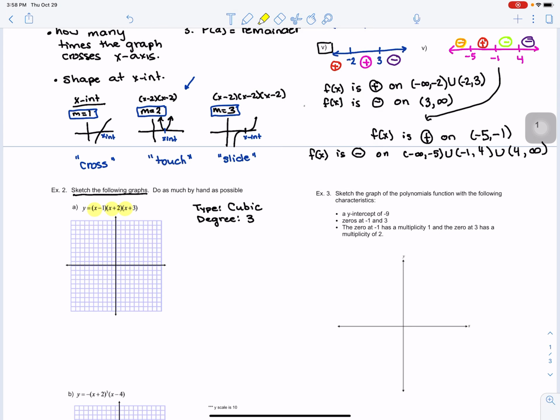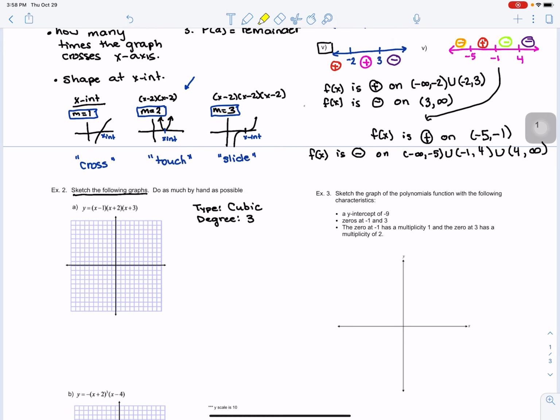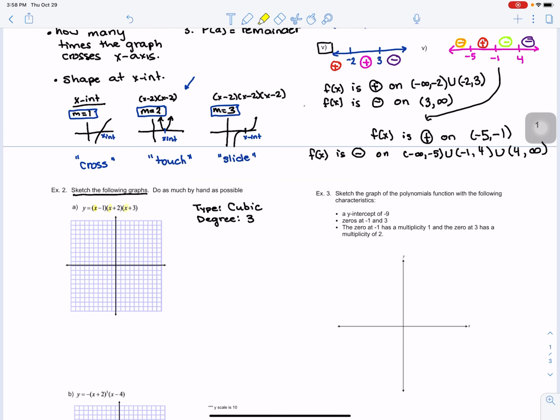Now, in terms of figuring out your leading coefficient, I need a smaller marker. We look at this x right here. That's a +1, a +1, and a positive. So 3 positives make a positive. So I know my leading coefficient is positive because those 3 multiplied would give me a positive result.